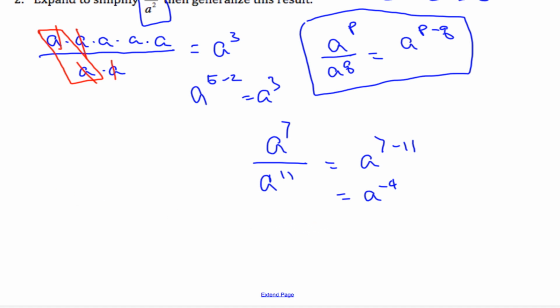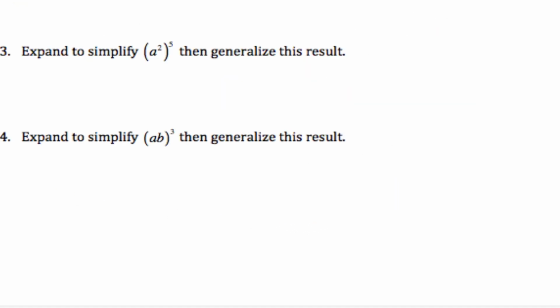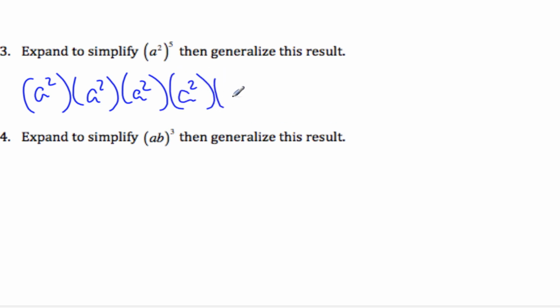Okay, let's try another type of scenario. Another rule. So I have a squared all to the power of 5. So that's saying a squared times a squared times a squared times a squared, 5 times. And if I use the previous result, when I multiply them, what am I actually doing to these exponents, Mr. Cole?